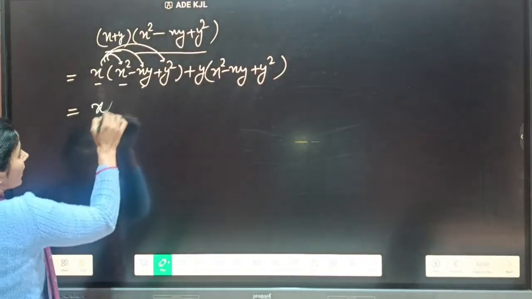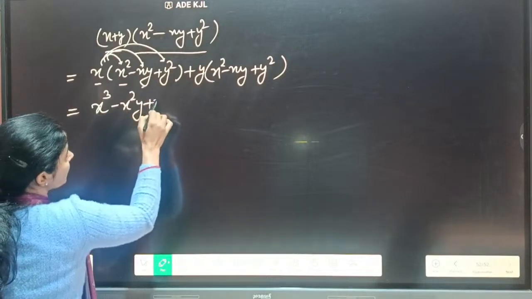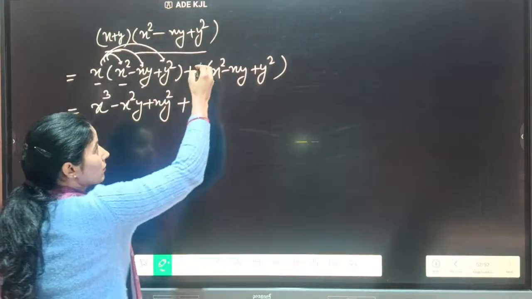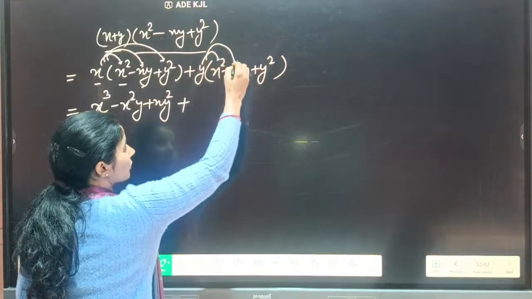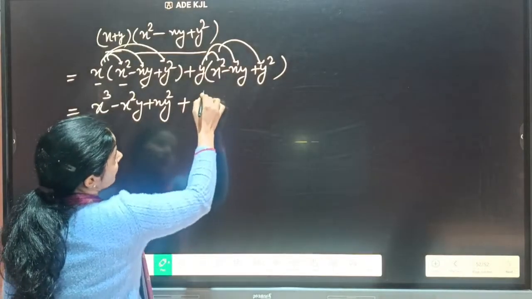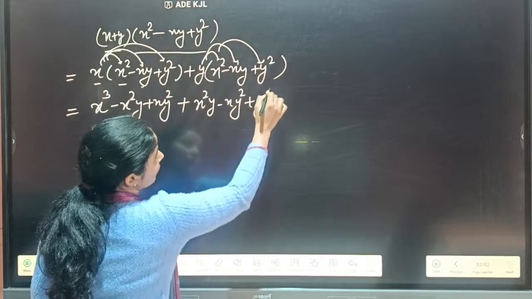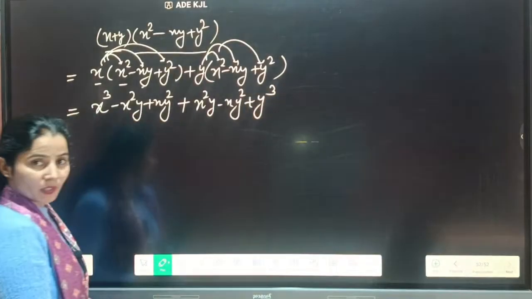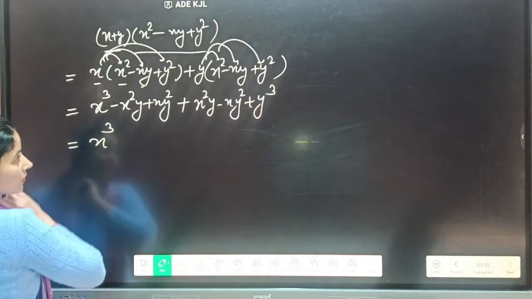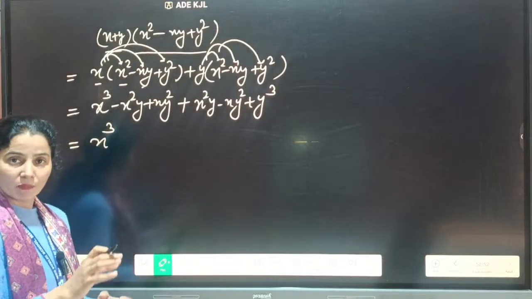Now, x with x square will be x cube, minus x square y, plus x y square, plus. This y must be multiplied with the x square, then with xy, and then with the y square. So it will be x square y minus x y square plus y cube. Now, x cube as it is. Try to simplify by combining like terms.